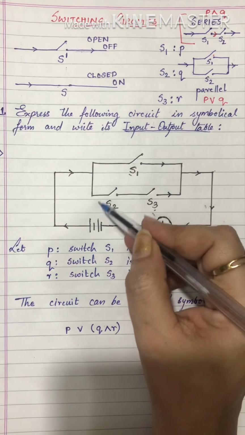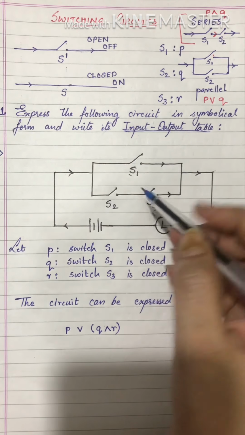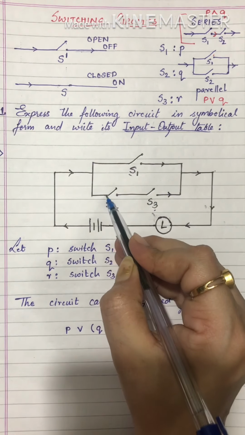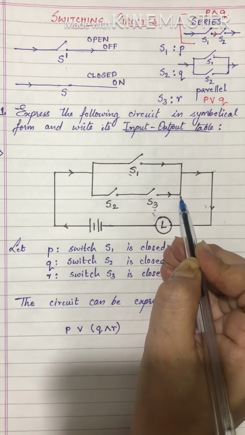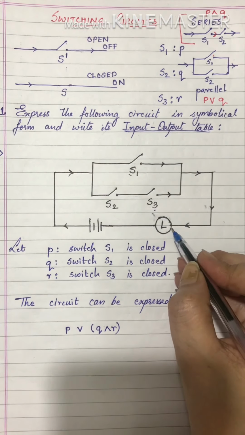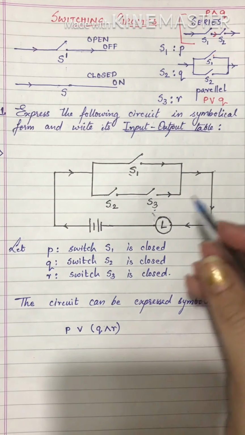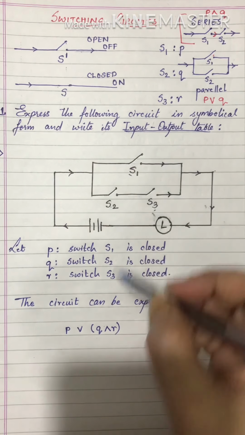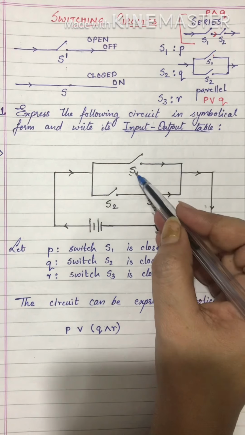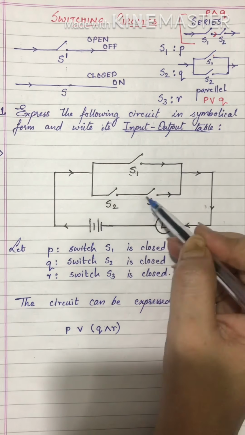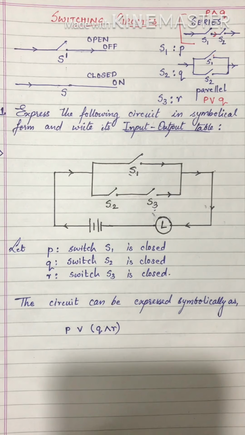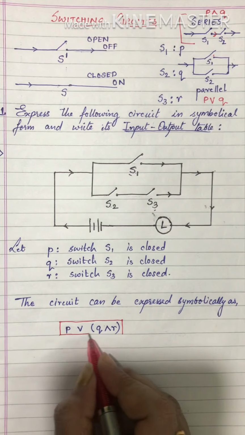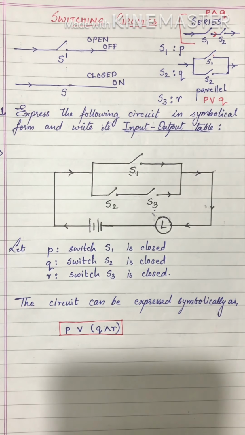Now in case of S2 and S3 which are connected in series, if suppose S2 is open and S3 is closed, then the current cannot pass further from S2, so the purpose of glowing the lamp is not satisfied. That's why this connection is correct, that symbolically if this is true, the lamp will glow, P or (Q and R). Check out the use of brackets. Okay, this is how we will express the circuit in symbolic form. I write it in a box like this, and let's move further.